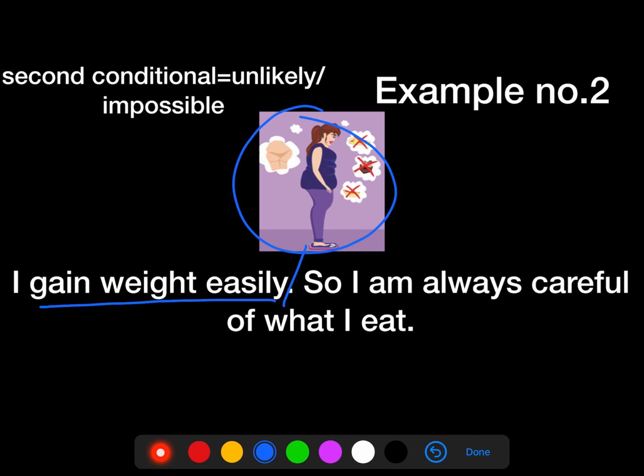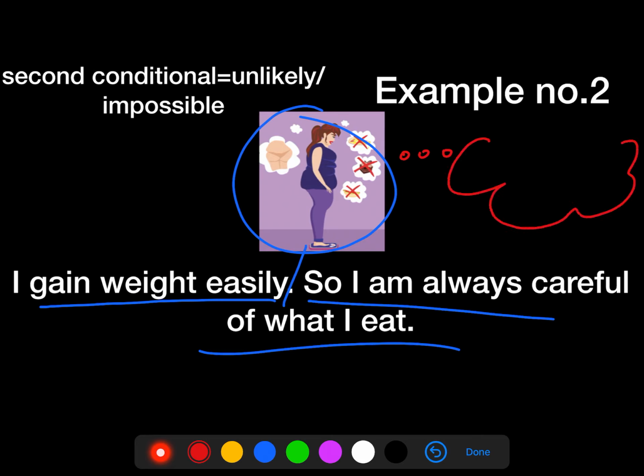So I'm always careful of what I eat. Oh, she's controlling herself, right? So this is the reality right now. And she starts to imagine the future situation.